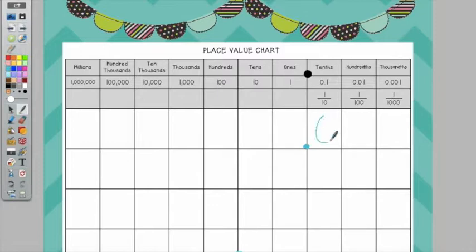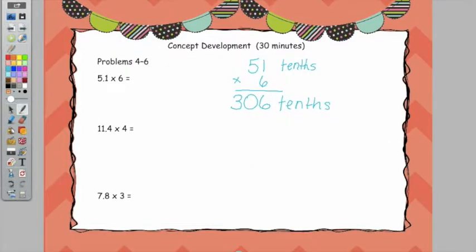So I'll put the 6 in the tenths place. Then I'll just write 306 like that. So 306 tenths is the same thing as what, boys and girls? 30.6, or 30 and 6 tenths. Okay? So when I take the decimal out, I have to make sure to put it back in my answer.